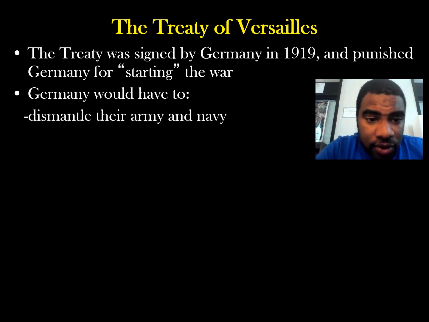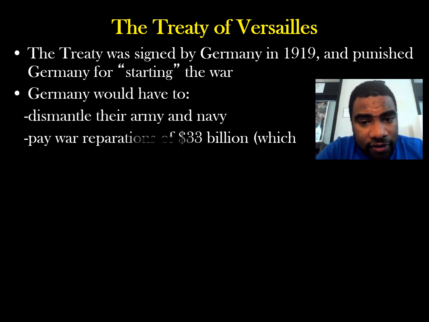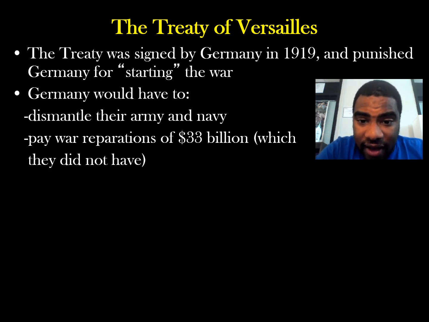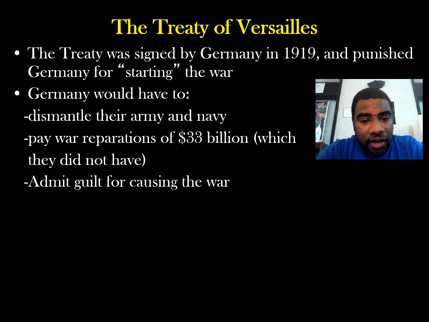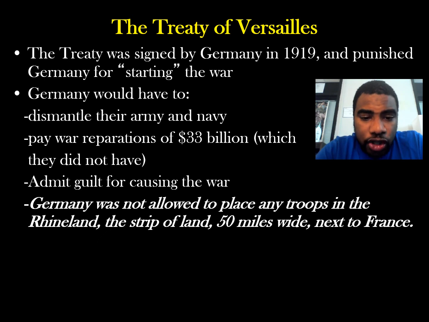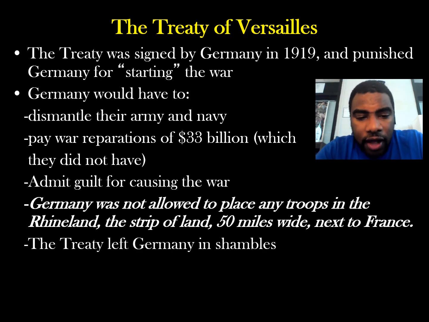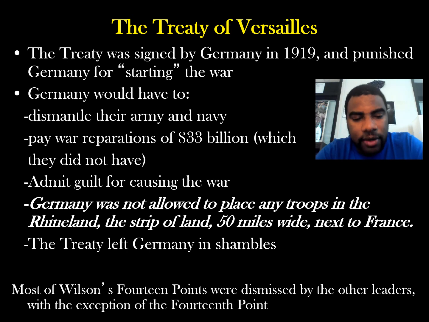Germany would have to dismantle their army and navy, pay war reparations of $33 billion, which they did not have, admit guilt for causing the war, and Germany was not allowed to place any troops in the Rhineland, the strip of land 50 miles wide next to France. The treaty left Germany in shambles, as I stated before.